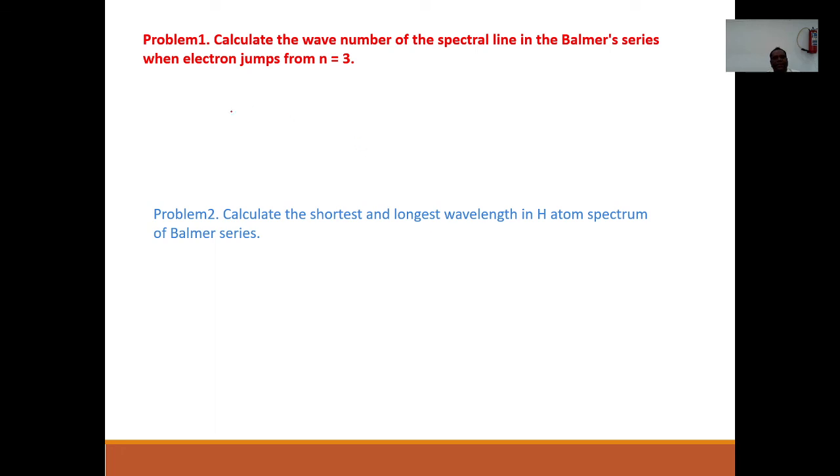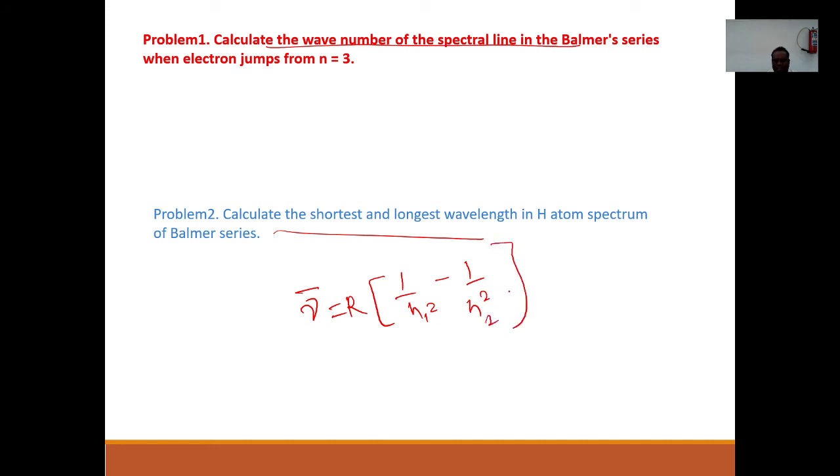In the last lecture we have seen how the wave number is calculated, and how the strongest and smallest line can be calculated in the Balmer series and in other series. We have to remember a very standard formula, nu bar is equal to R into 1 upon n1 square minus 1 upon n2 square, centimeter inverse.